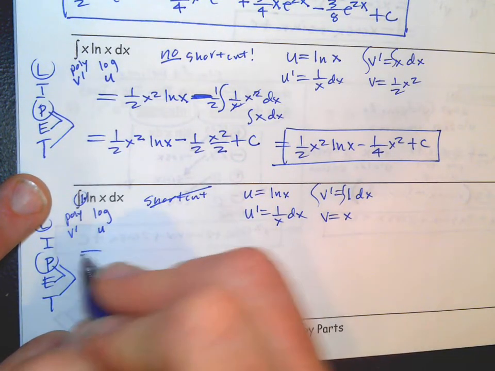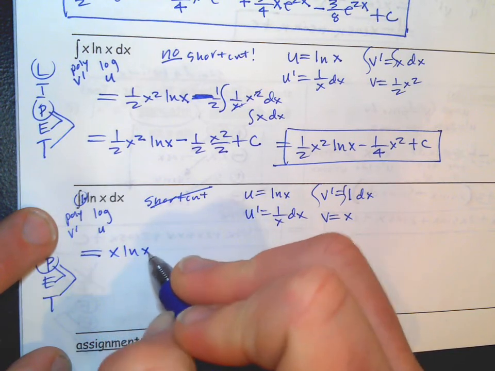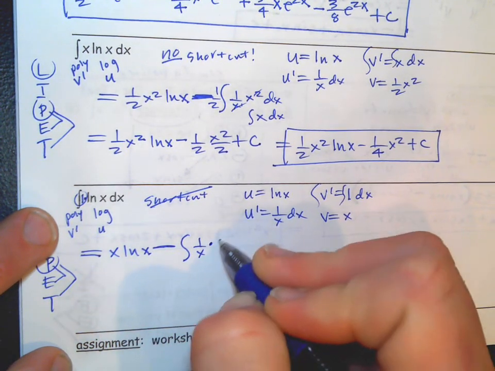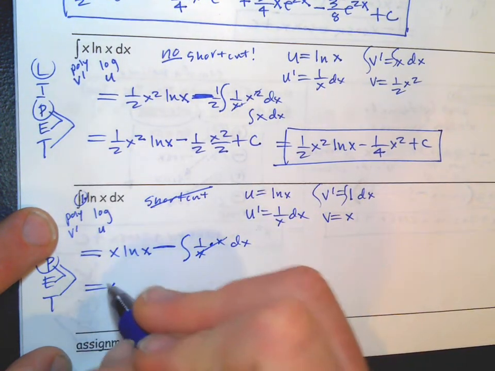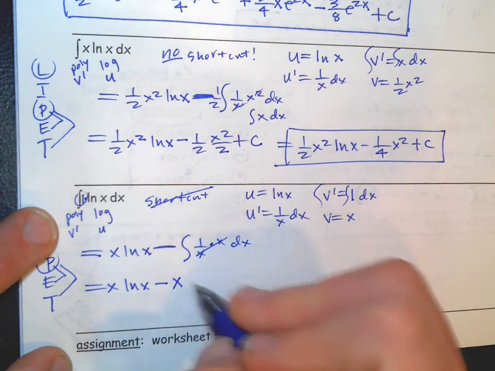So it's going to be uv, x natural log of x, minus the integral of the two new things, 1 over x times x dx. That's just going to become 1. x natural log of x minus x, the antiderivative of 1 is x, plus c.